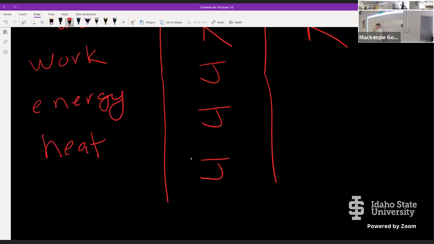So heat, energy in transit at the micro level. Work, energy in transit at the macro level. Energy, the ability of a system to do work. So it makes sense that if these are all so closely related, we can express them in terms of the same unit.